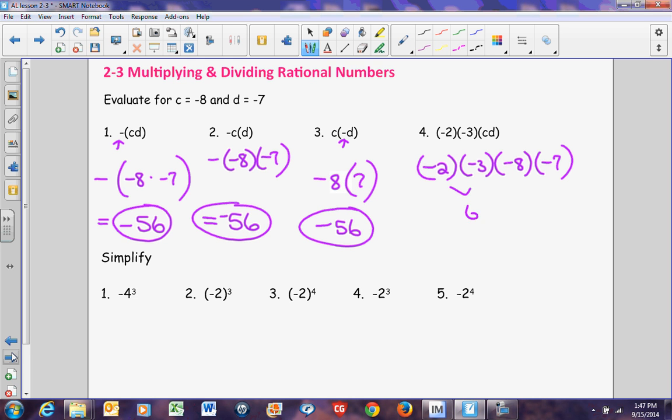This makes it positive 6. These two is positive 56, so I now have 6 times 56. I'm going to get a positive answer. 56 times 6, 6 times 6 is 36, 6 times 5 is 30, so 336. And it should be positive. I had an even number of negative signs, 1, 2, 3, 4, so my answer should be positive.